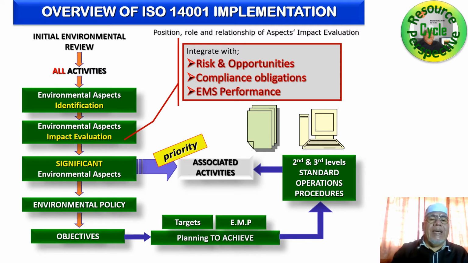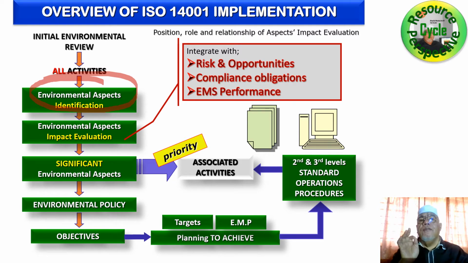So why do we have to identify environmental aspects? It's for a simple reason: ISO 14001 is about managing environmental aspects by fulfilling compliance obligations and addressing risks and opportunities. That is the definition of environmental management system as per ISO 14001 version 2015.